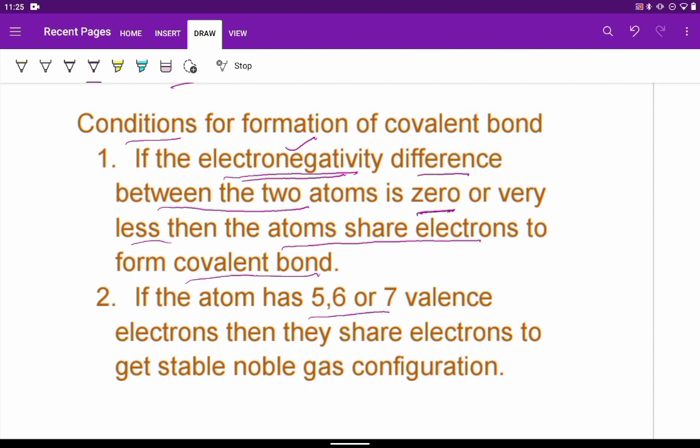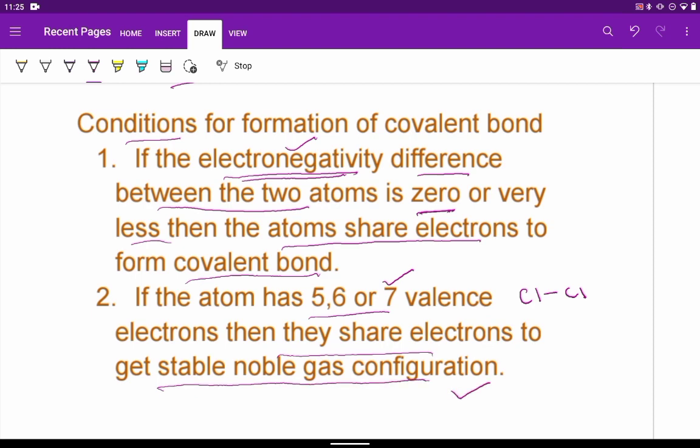But here we have just seen the example of the chlorine molecule, Cl-Cl. Chlorine has 7 electrons in its valence shell, and it will share one pair of electrons to form a single covalent bond. So atoms which have 5, 6 or 7 valence electrons can share electrons. After sharing, they should get a stable noble gas configuration.